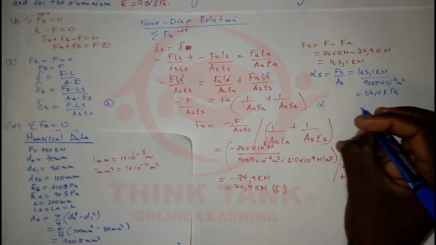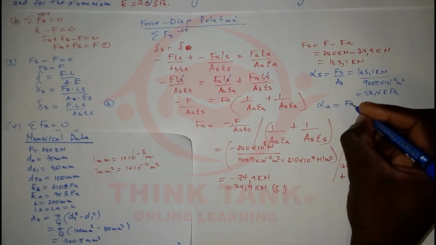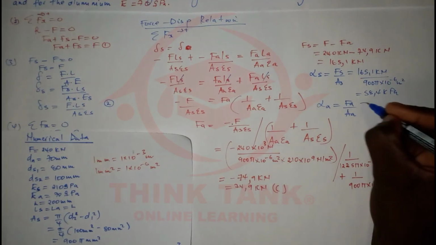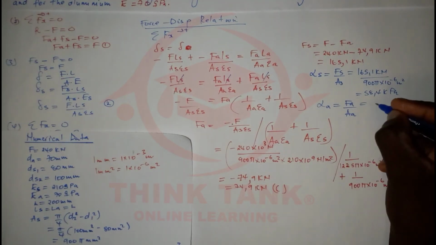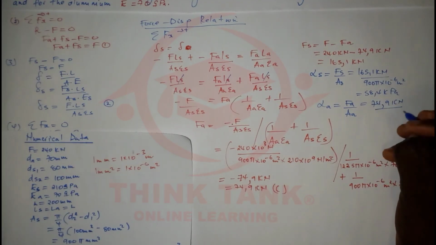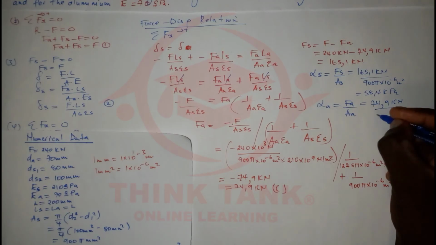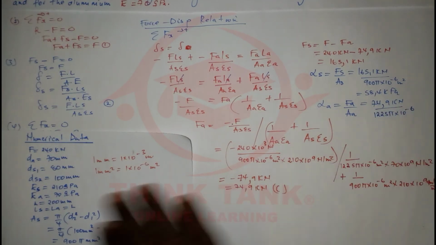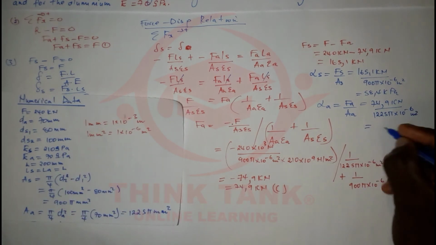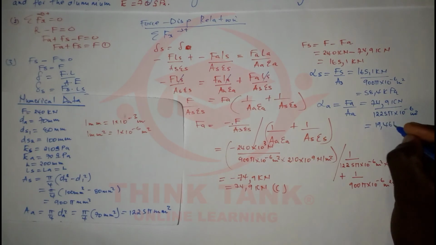The stress in the aluminium is Fa divided by Aa, which is 74.9 kilonewtons divided by 1225 pi times 10 to the power negative 6 square meters, taking this from the numerical data. We get 19.46 kilopascals.